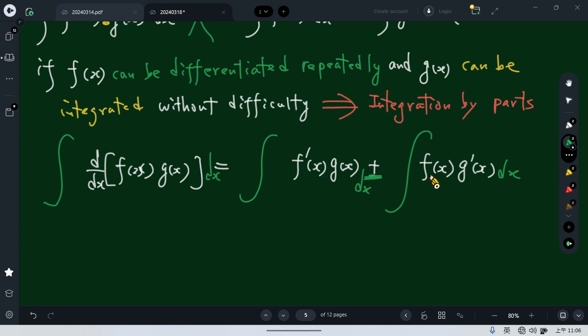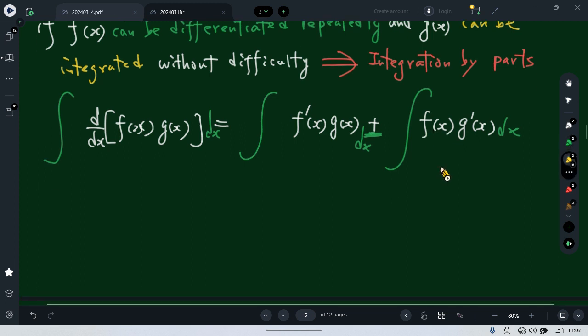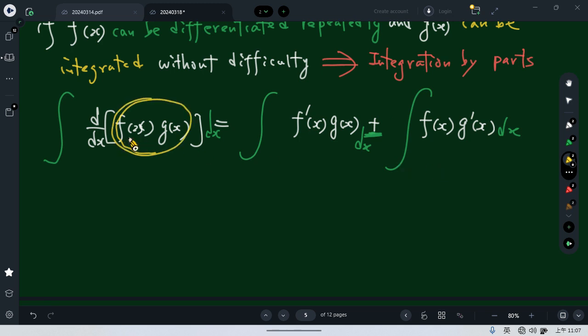For this part, you can see it is differentiated first, then integrated later. So based on the fundamental theorem, we get f of x times g of x back. We differentiate this term first, then get its integral back, so it comes back to the original form.